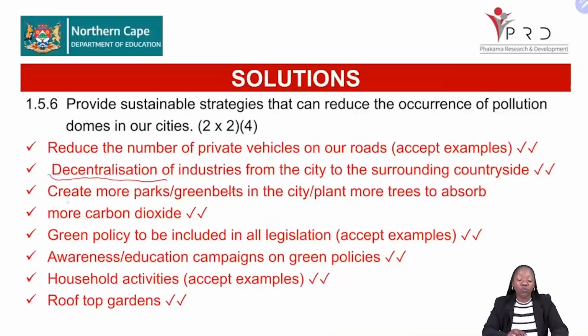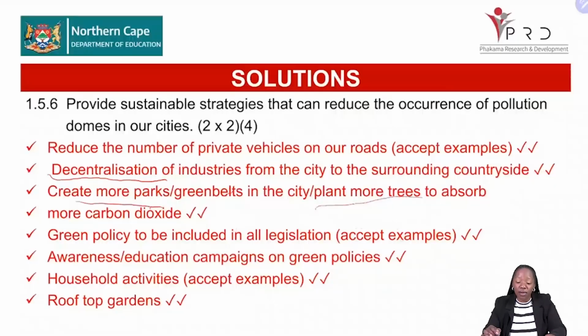And also to create more parks as well as the green belt. Remember, to reduce the pollution, we also try to reduce the temperatures. So how are we going to reduce the temperatures? If there is more vegetation as compared to artificial surfaces, that way the temperature will be reduced. So create more parks as well as the green belt in the cities, and also plant more trees.